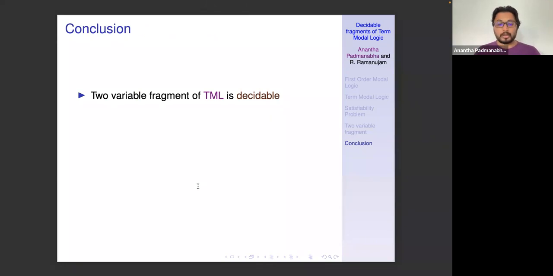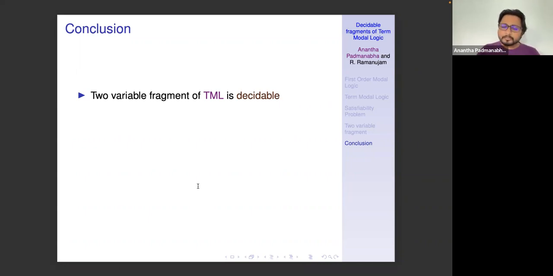To conclude, I just showed you how we would prove that the two variable fragment is decidable. And this is crucial because two variable FOML is undecidable. And that basically tells us that these two are apart. Now, of course, there are other decidable fragments also for this logic by Orlandelli and Corsi and Stacksher et al. Right? So due to time constraints, I'm not going into that.